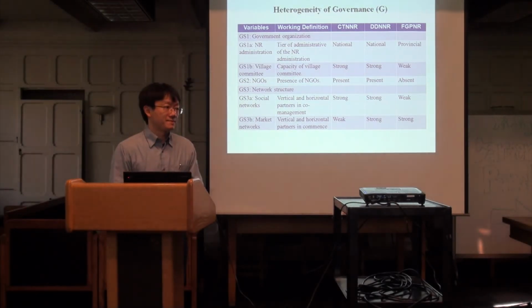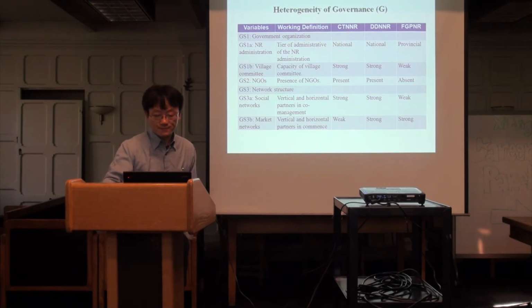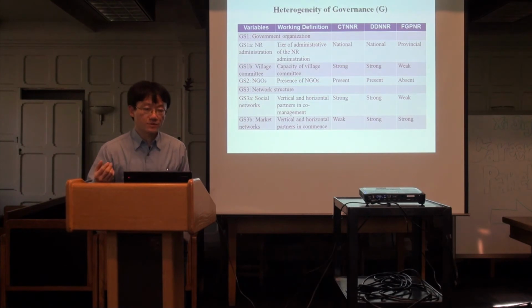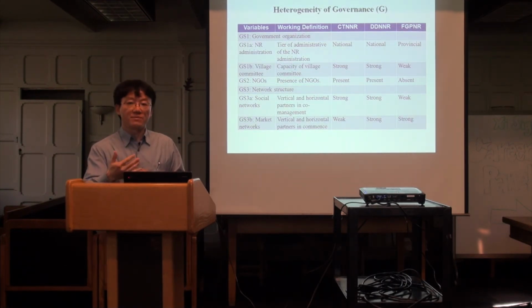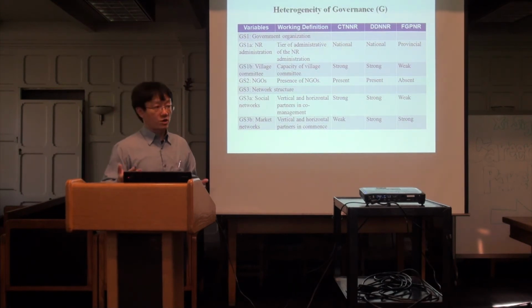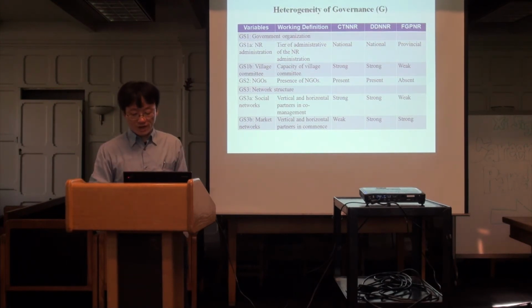Something different. Once the co-management is very strong, that means there will be tighter collaboration between the nature reserve and the nearby community. Actually, the co-management exists between two sides.